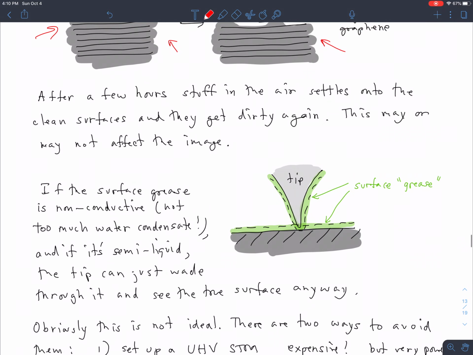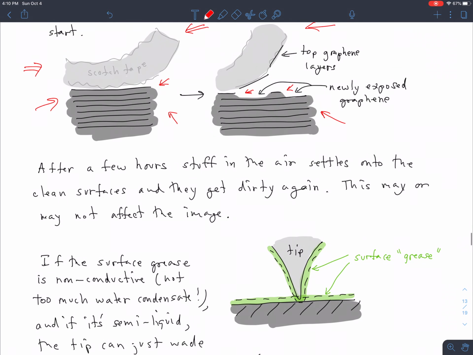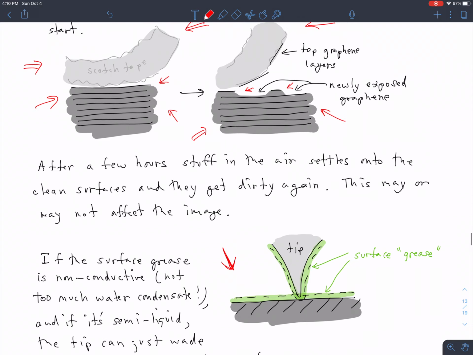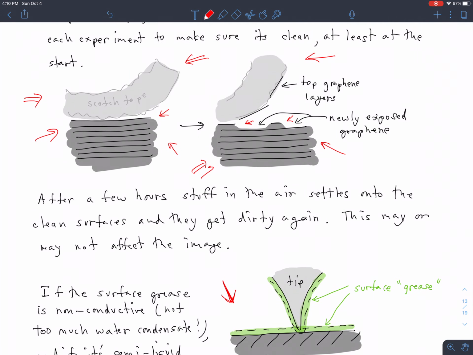Now, if you leave your nice clean surface exposed to air for any length of time, really about 20 minutes is my experience, stuff from the air starts accumulating on the surface. And so the question is, is 20 minutes enough time to see a good image from the STM?